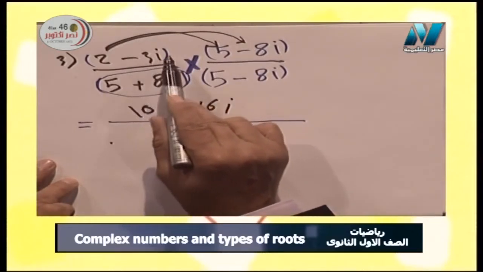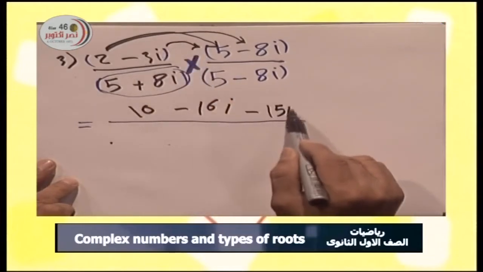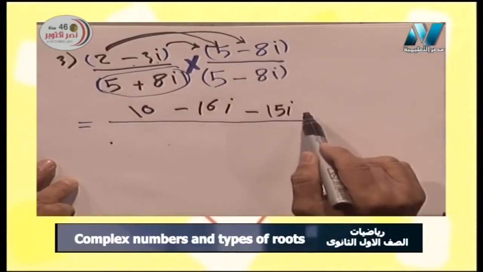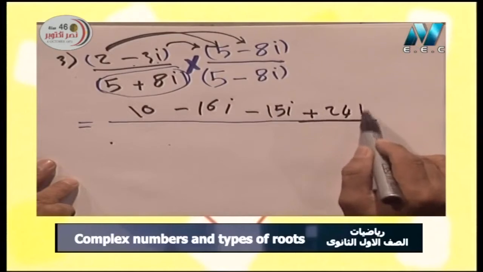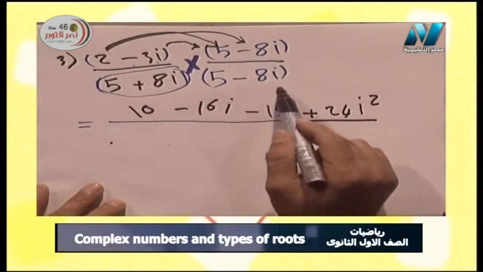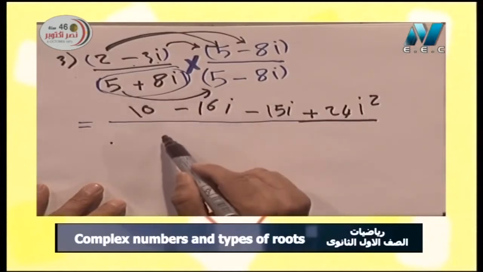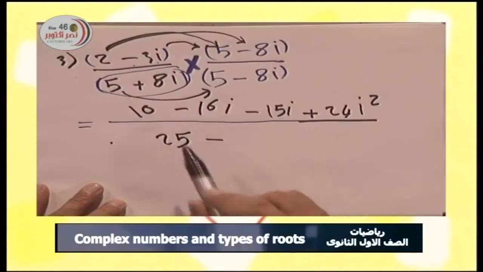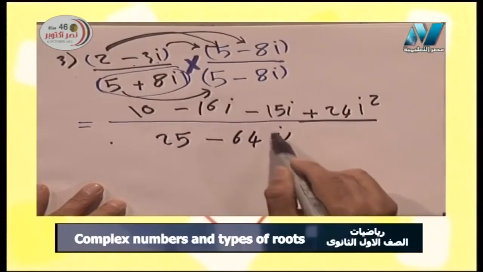Negative 3i multiplied by 5 equals negative 15i, and negative 3i multiplied by negative 8i will be positive 24i squared. And in the denominator, 5 multiplied by 5 equals 25, and negative 8i times 8i equals negative 64i squared.